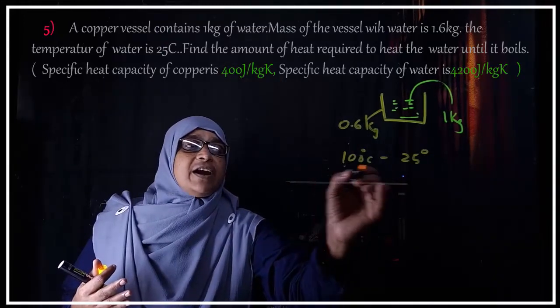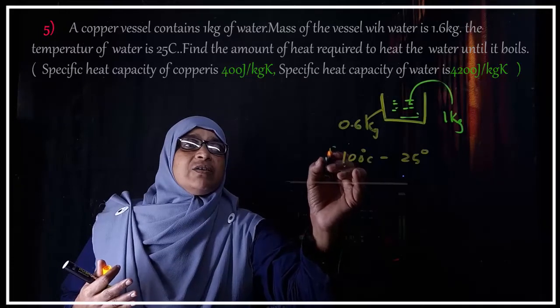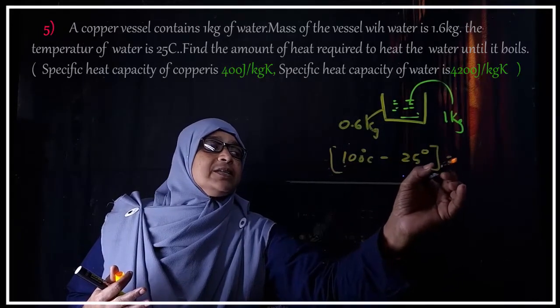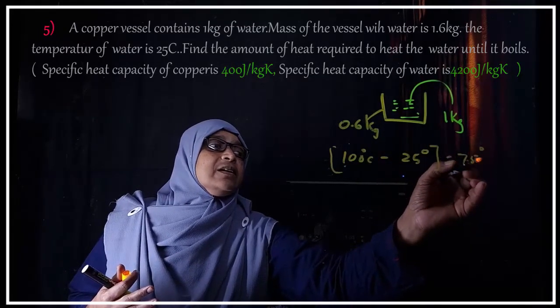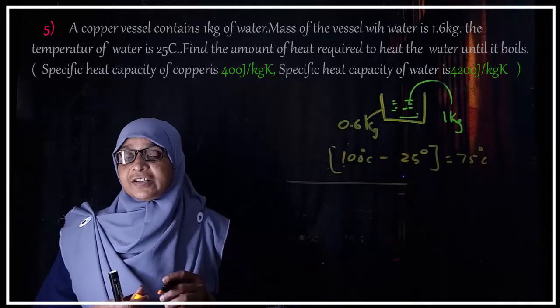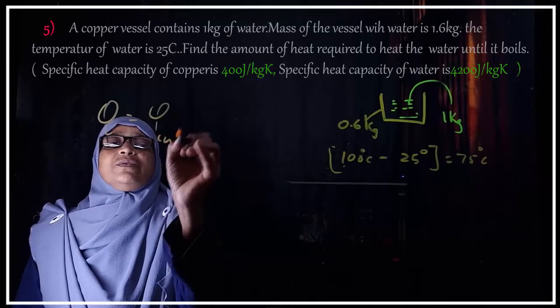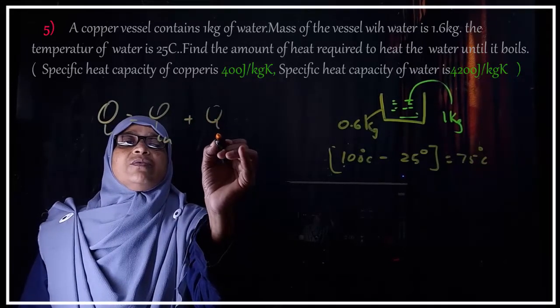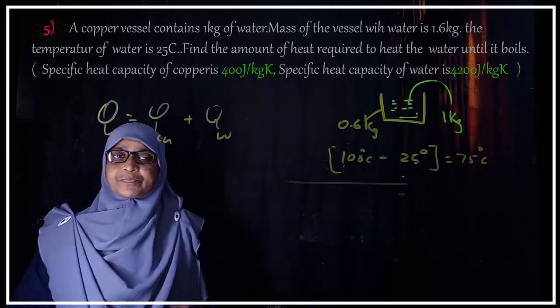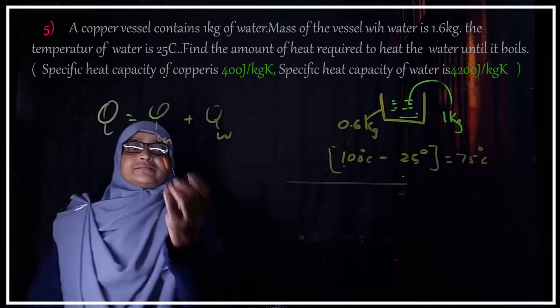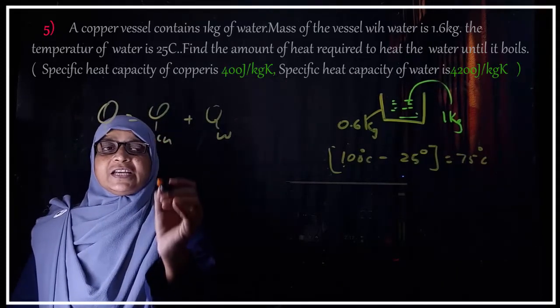So that is the final temperature. So we can get the temperature difference, 75 degrees Celsius. Q copper plus Q water, MC theta for this.